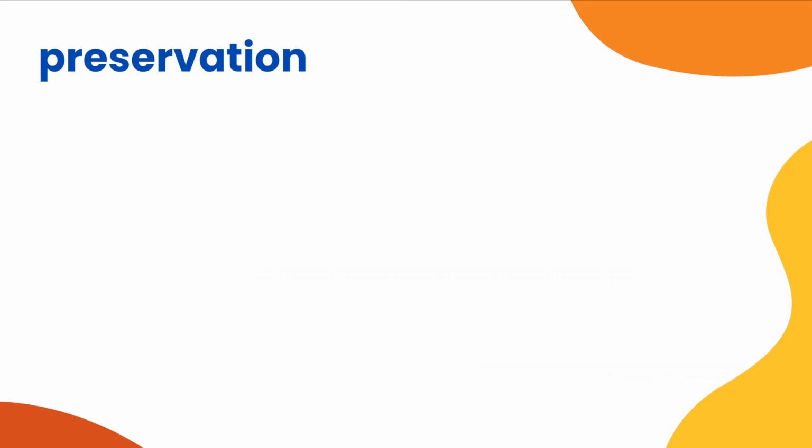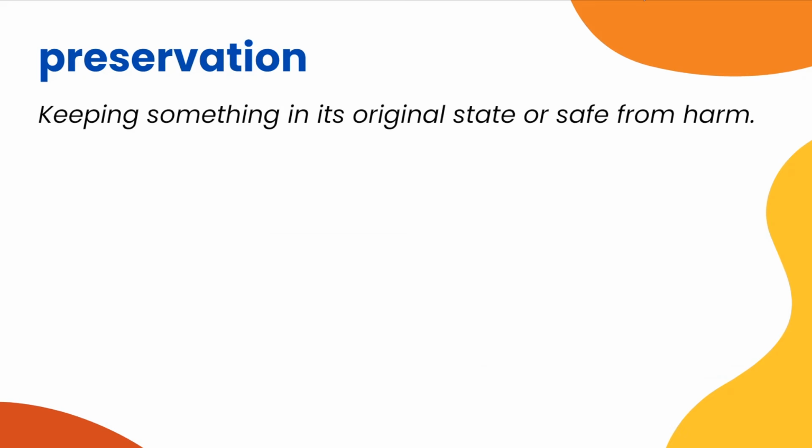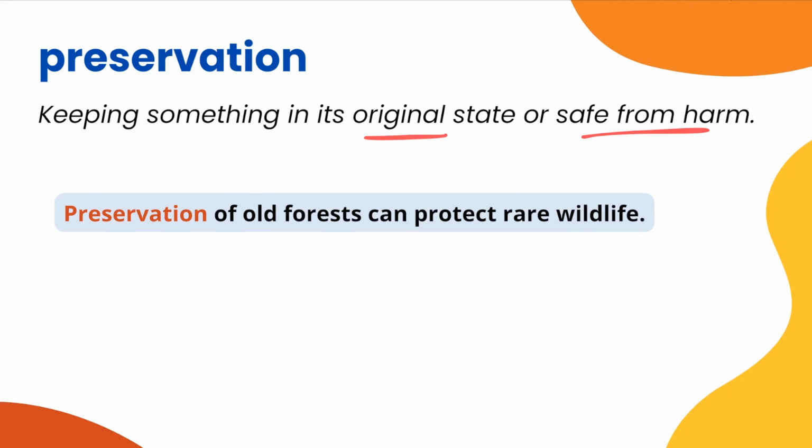Preservation. Preservation is the next word, and this means keeping something in its original state or safe from harm, quite similar in a way to conservation. Preservation of old forests can protect rare wildlife.